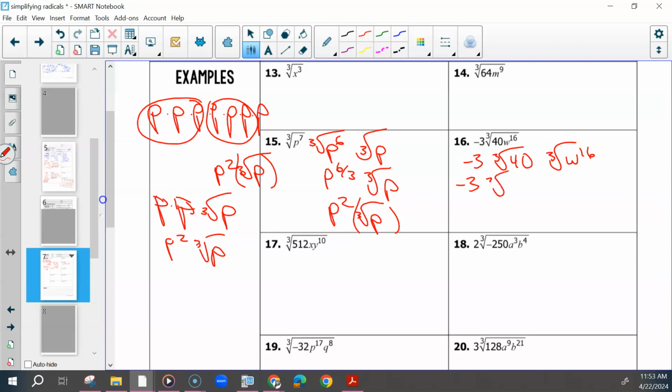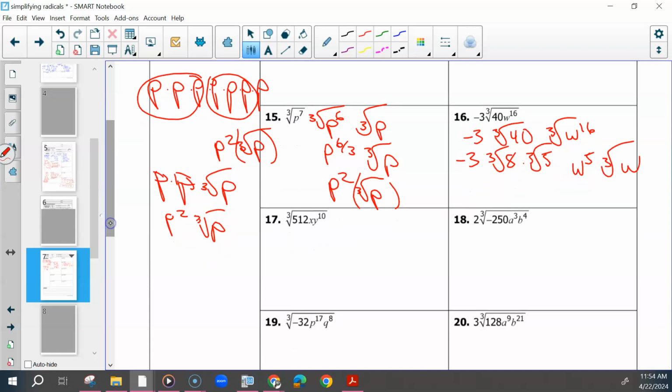Negative 3 times the cube root of 8 times the cube root of 5. 3 goes into 16 how many times? 5 times with the leftover. Yes. So there would be w to the 5th, because that would be 15 with 1 left over, the cube root of w.